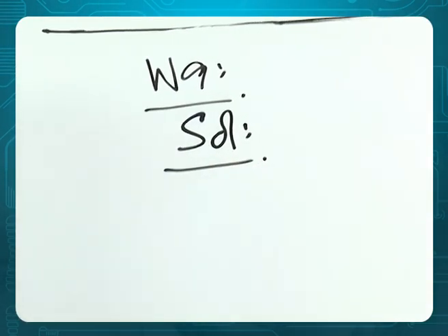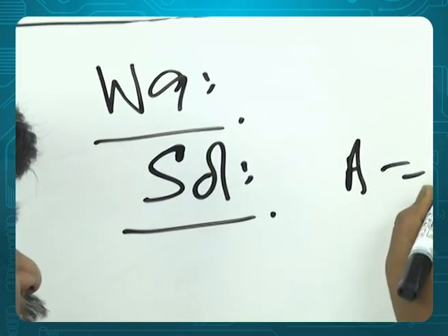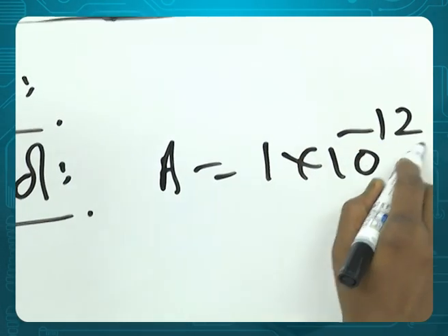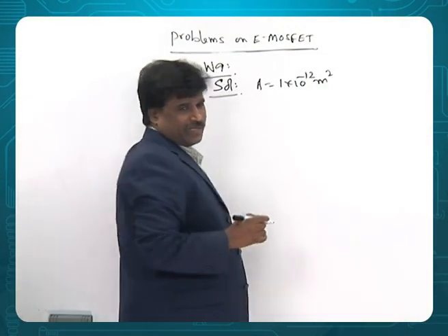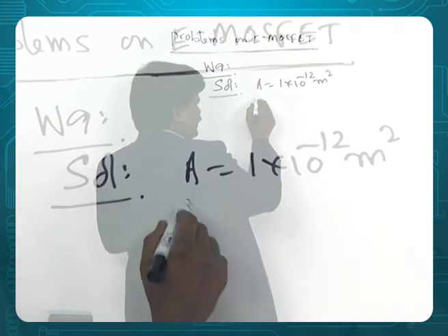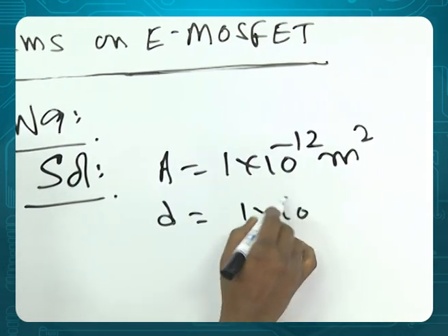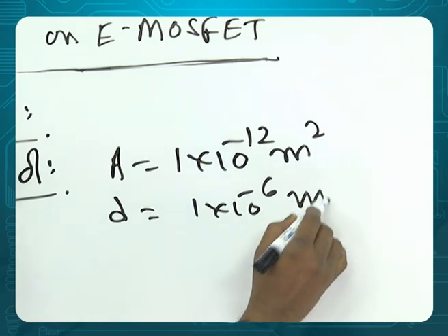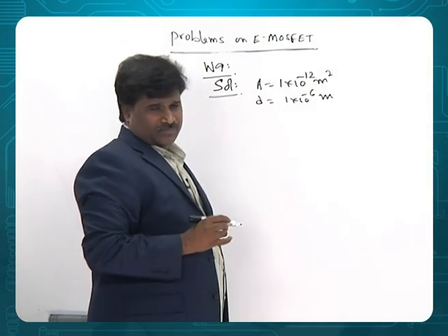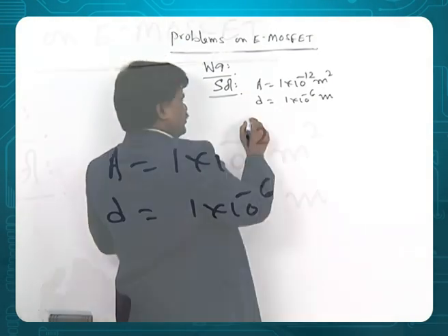The area given to us is 1 × 10^−12 m². The depth is 1 × 10^−6 m. Then what will be the volume?